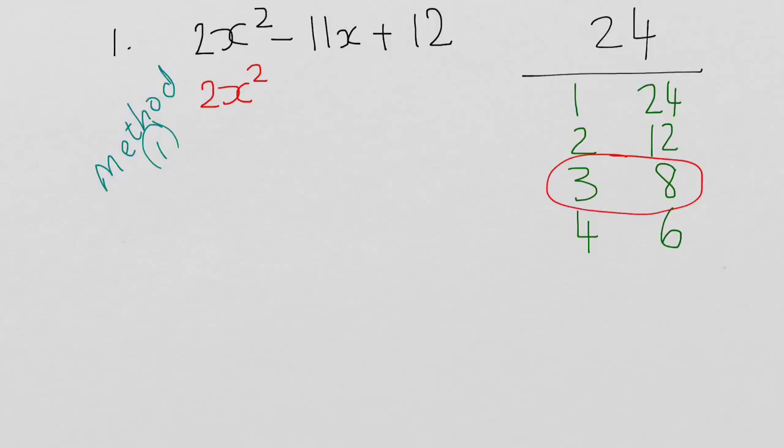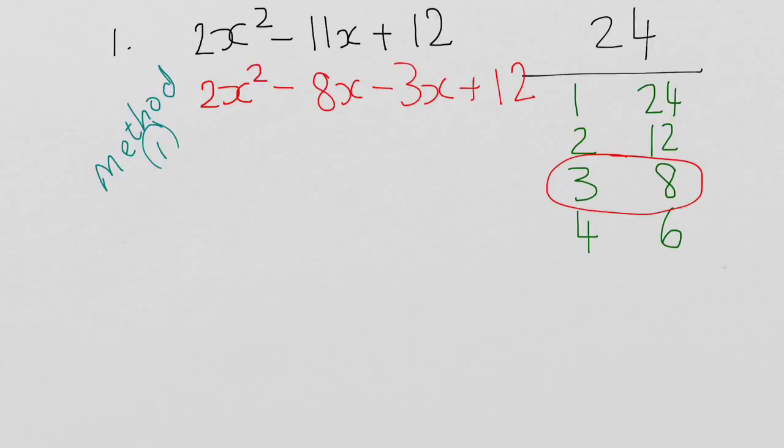And we also want to think about which number we're putting first. Now 8 and 2 both divide nicely by 2, so I'm going to put that one first. So minus 8x, then minus 3x plus 12, which works because 12 and 3x can both be divided by 3.